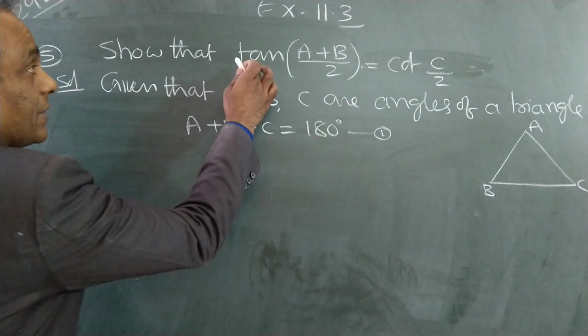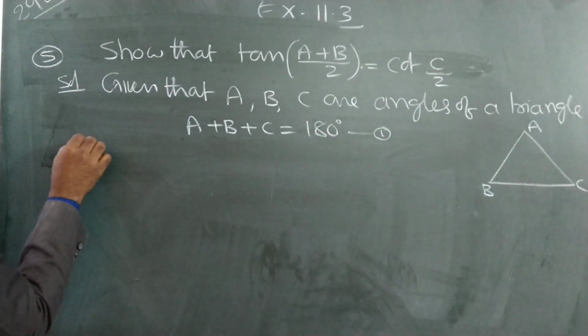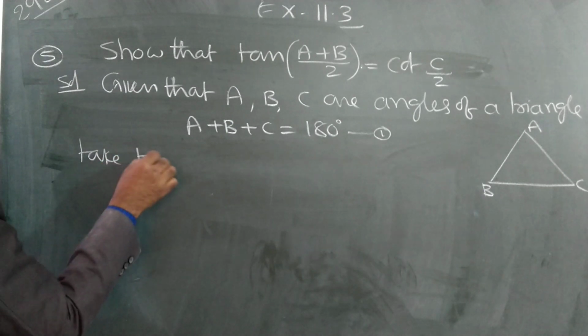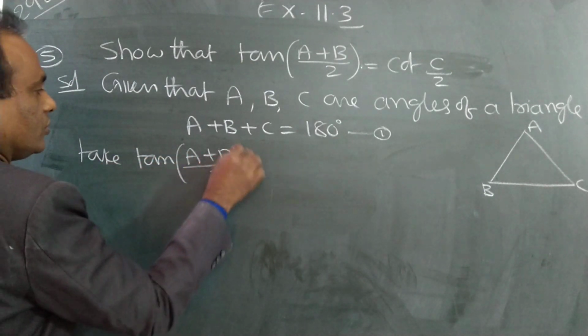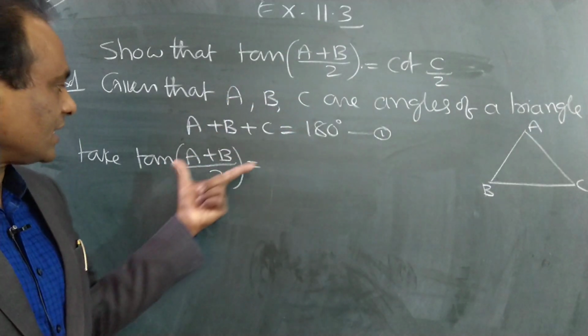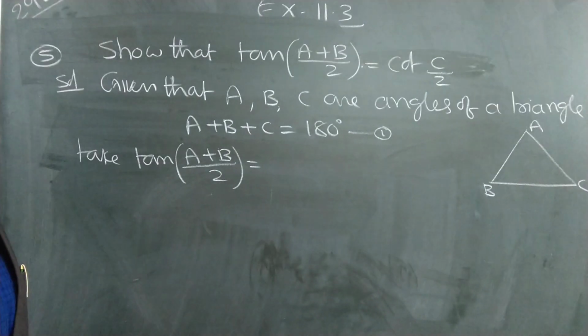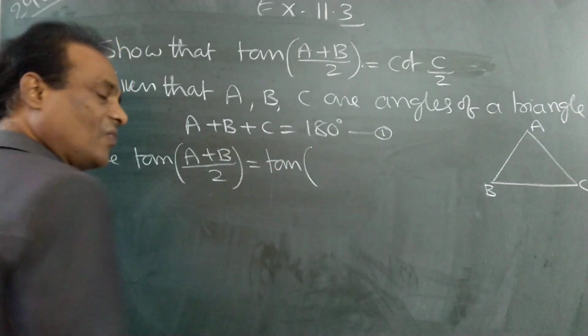Now, we have to prove this, no? I am taking the left side, tan of A plus B by 2. I am taking the left side of this question. Now, what is the proof?